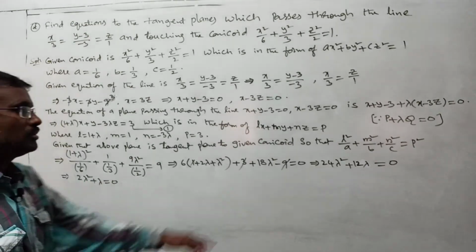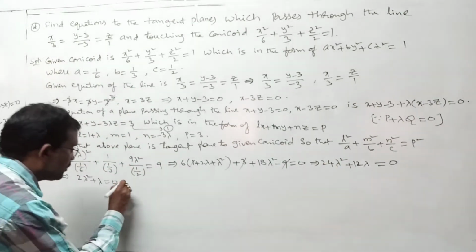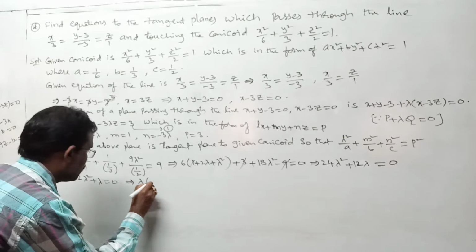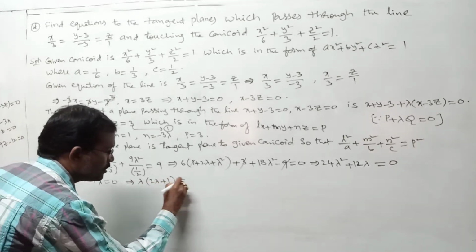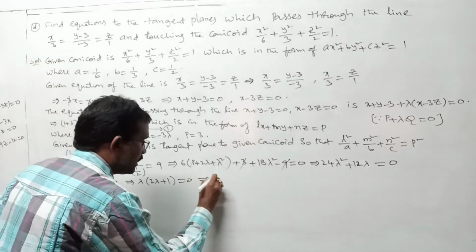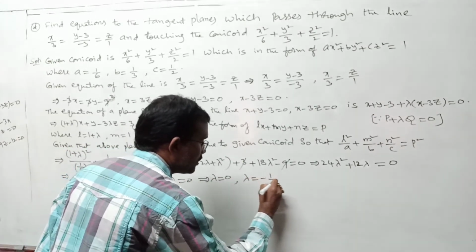Any problem? From this take lambda common. Lambda into 2 lambda plus 1 equal to 0. From this lambda equal to 0 and lambda is equal to minus 1 by 2.